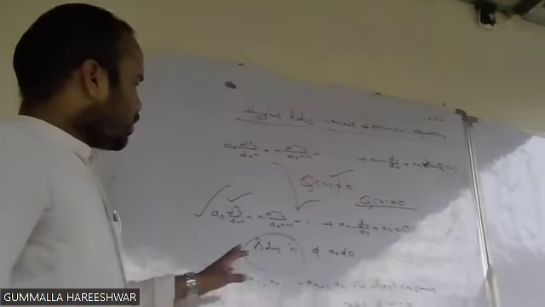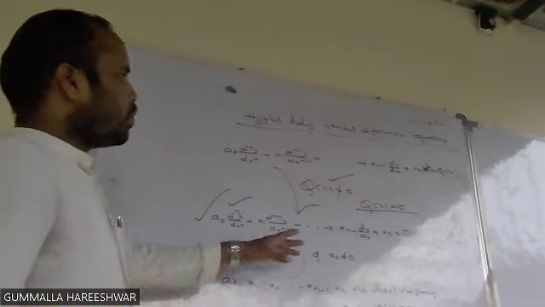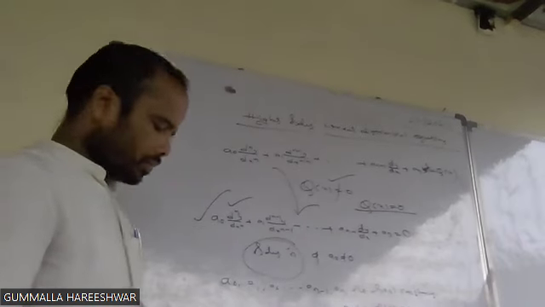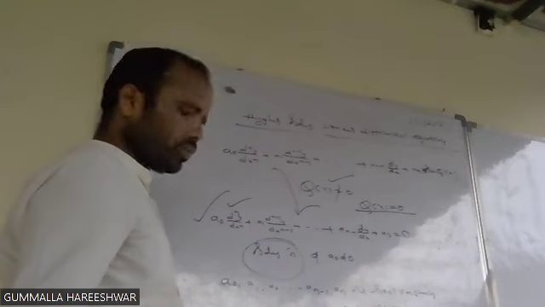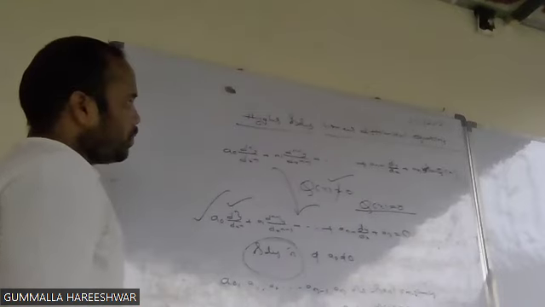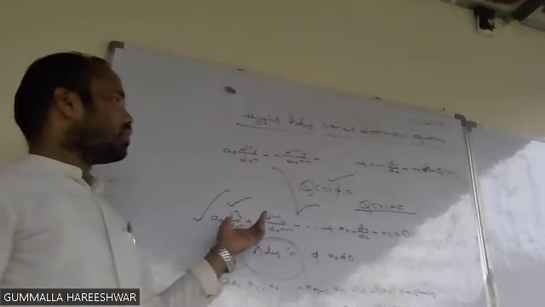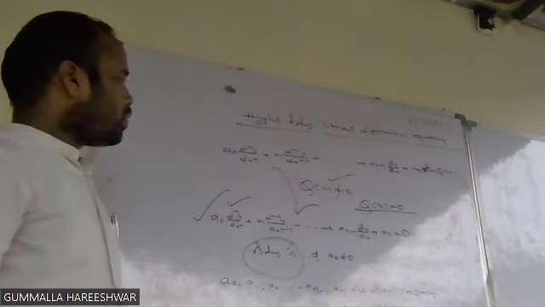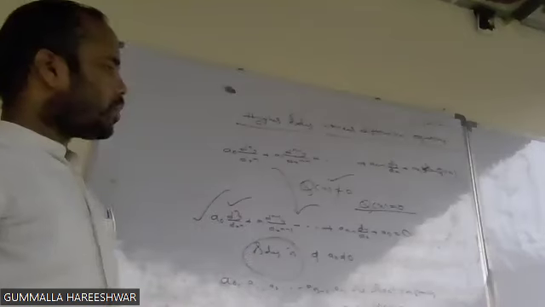So this equation is called a higher order linear differential equation and it is homogeneous. How do we find the solution for this equation? Before finding the solution, first we have to convert this equation into operator form.